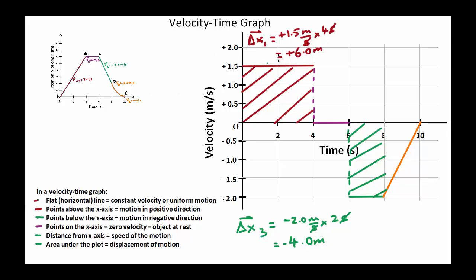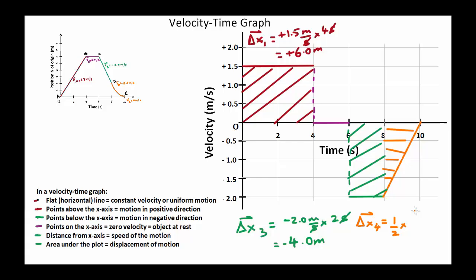And then in our last segment, we don't have a rectangle anymore, we have a triangle. So here's the area that I need to figure out to get the displacement of this last segment. And so delta x4 would be the area of this triangle, which, as you know, is 1/2 base times height.